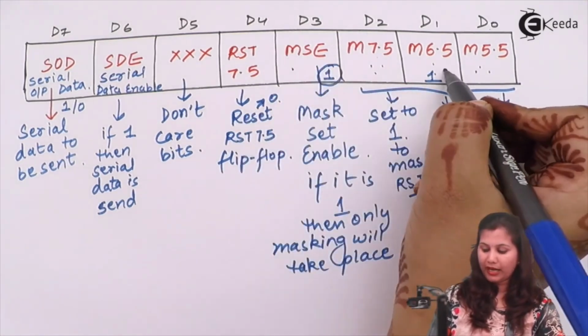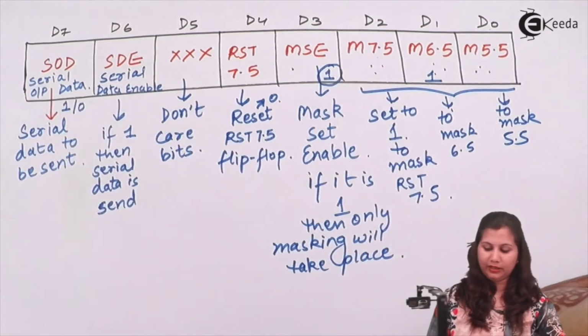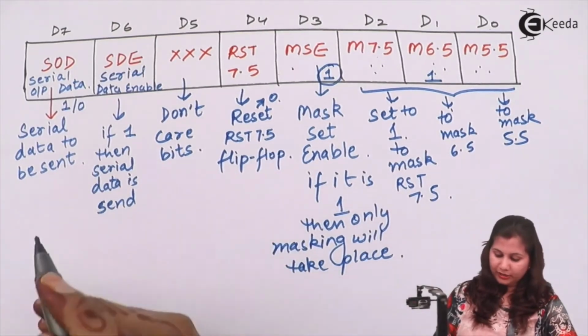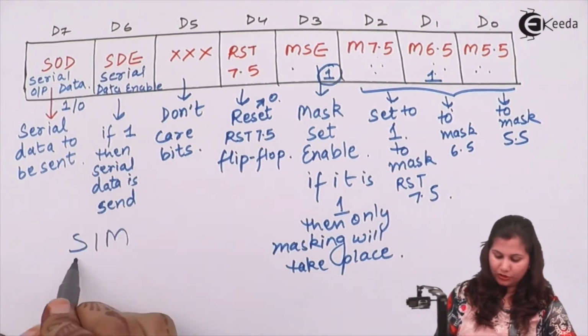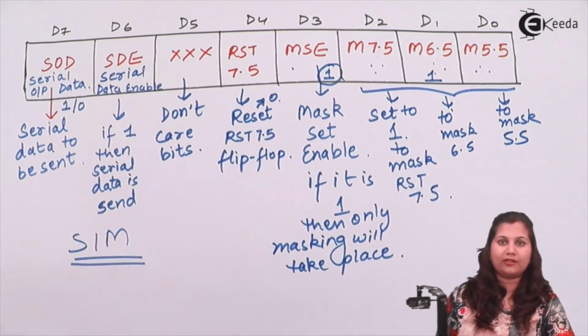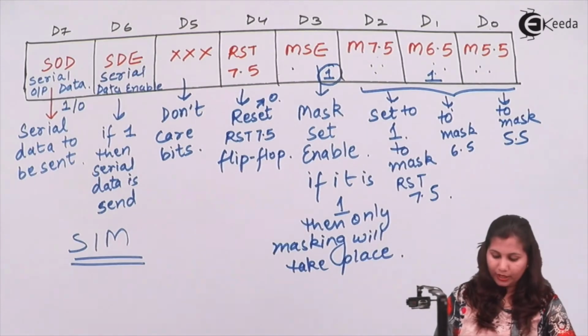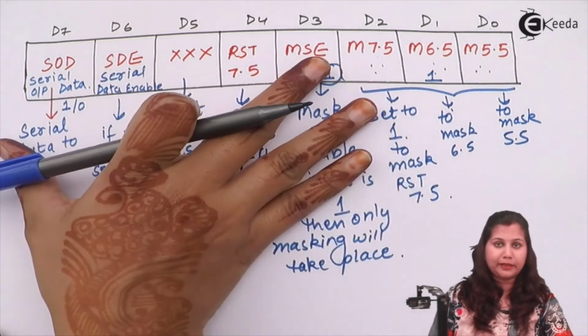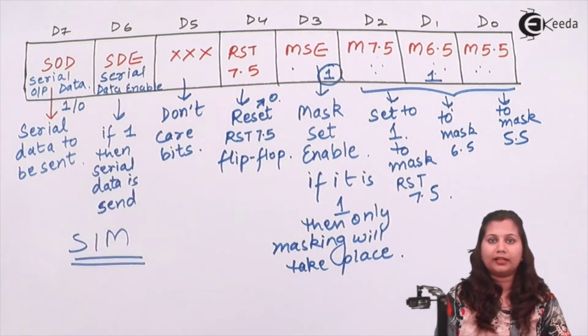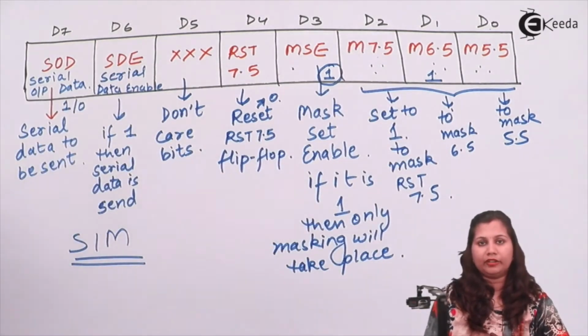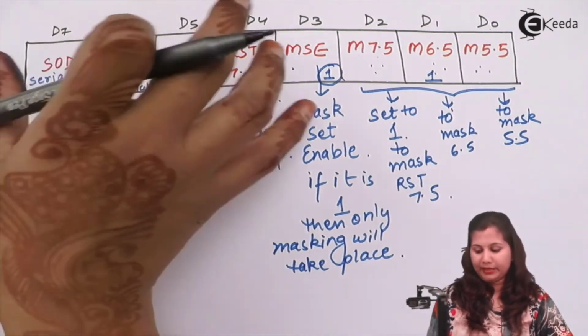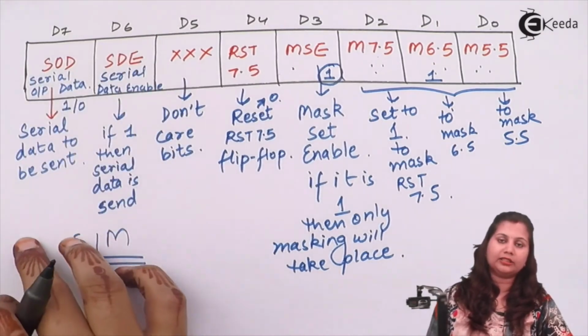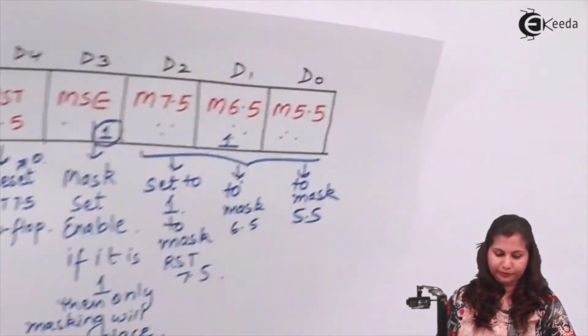If it is 0, then no masking will be done. So you can see that the SIM instruction is used for the masking of the 3 RST interrupts. These 8 bits are the contents of the accumulator. The 8 bits which we give to the accumulator as input will decide whether the masking will be done or not.